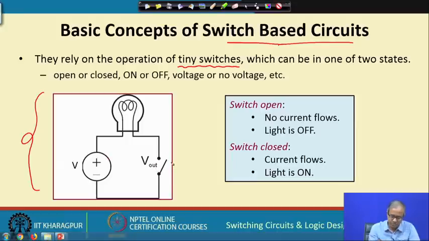If this switch is open, no current is flowing, bulb is not glowing, but if the switch is closed, current will flow and the bulb will glow. So, you see in this kind of switch based circuits, there can be distinctly two states, switch open state and switch closed state. In one state current is not flowing and the light is off. In the other state current is flowing and the light is on, right.